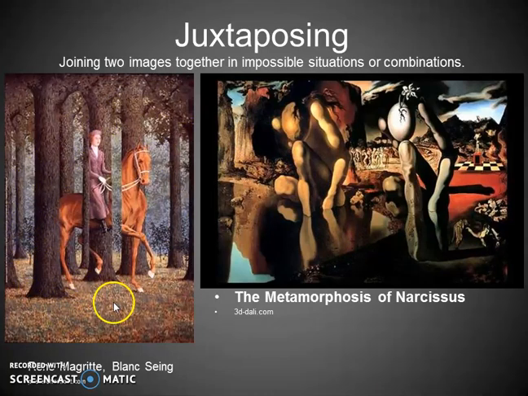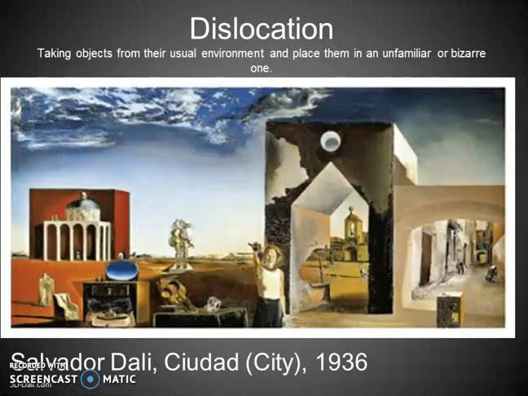If you can see, the horse's leg is going from behind a tree and in front of a tree at the same time, or the fact that we have these repeated negative spaces that seem like they're okay, but then we realize, hey, part of the horse is missing. That one is, I would say, a little bit more complex of an idea. But again, juxtaposing two images that normally wouldn't go together.